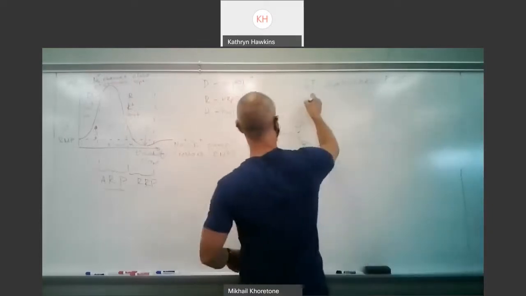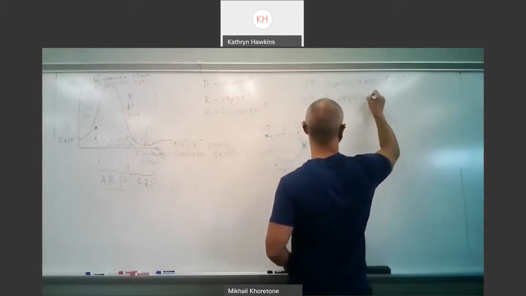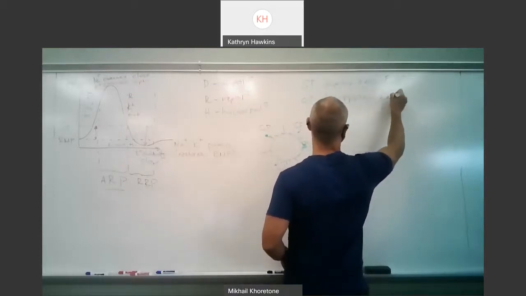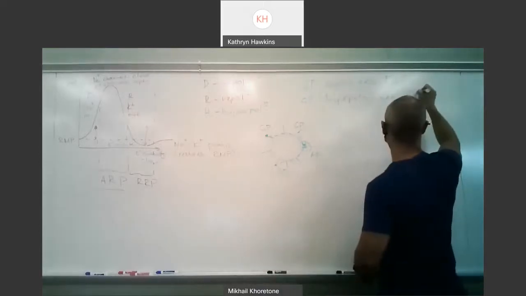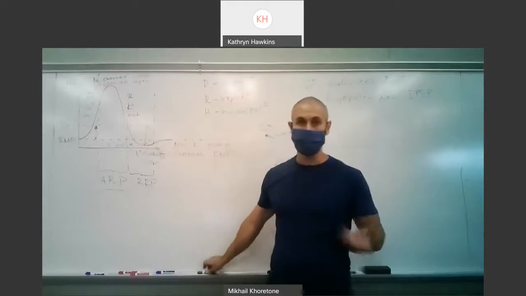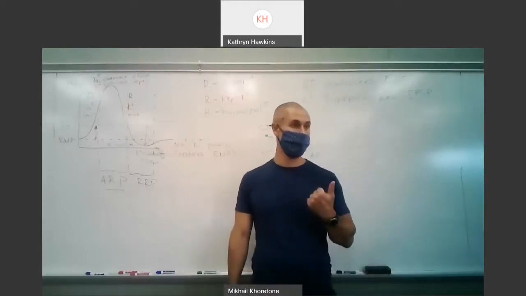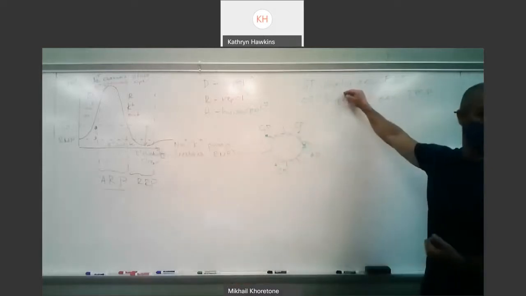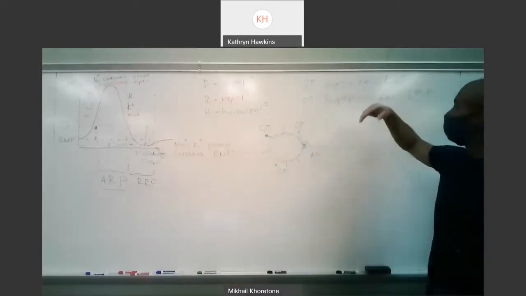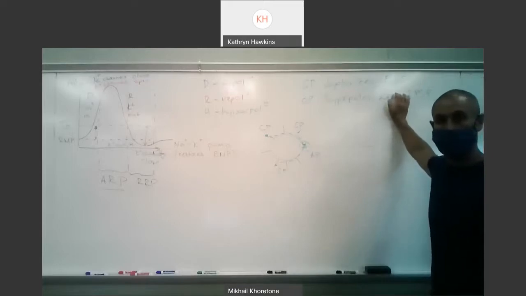If graded potential hyperpolarizes, it's called inhibitory postsynaptic potential. Now, we already figured that influx of sodium can depolarize the membrane, right? So influx of sodium can create excitatory postsynaptic potential. Am I clear?